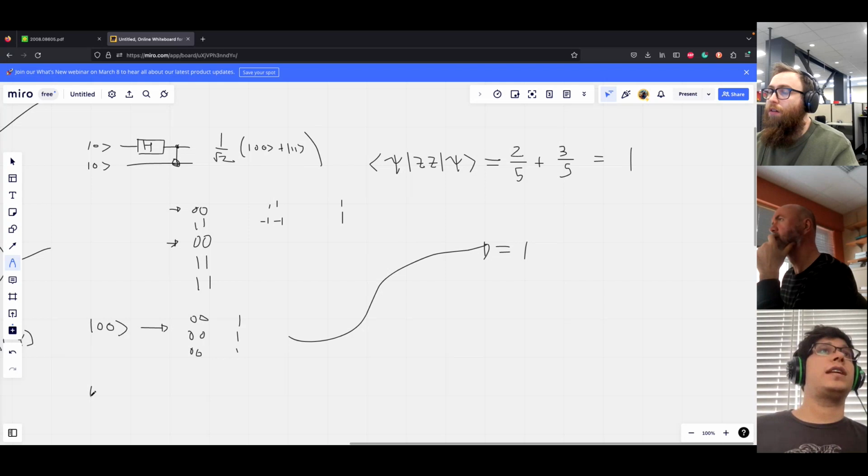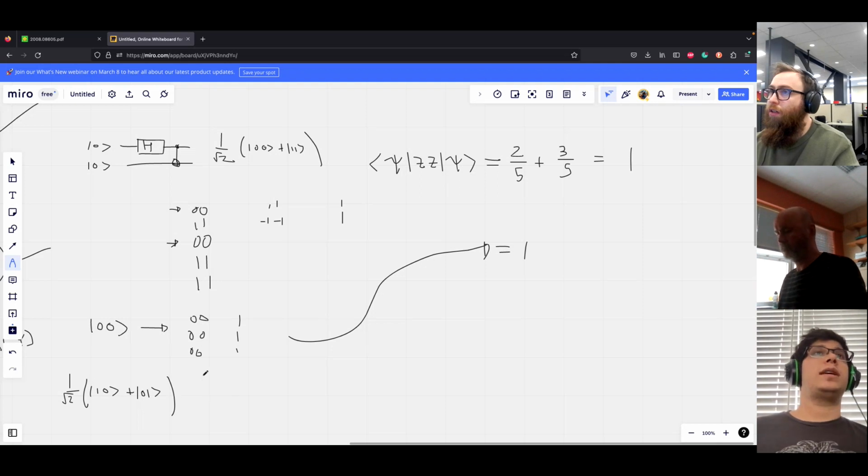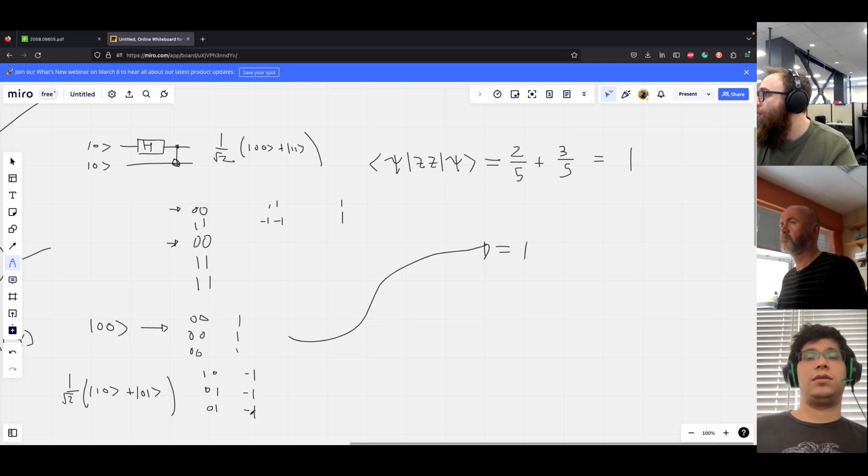But if I have another state, like we have another Bell state, like this, then that means I can measure 0, 1 and 1, 0. And when I get the values, I get -1 here, and -1 here, and -1 here.